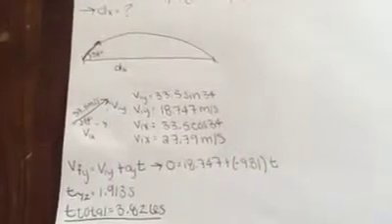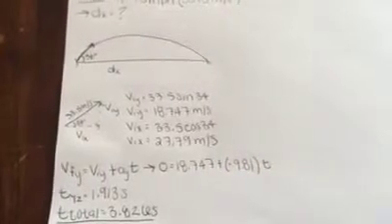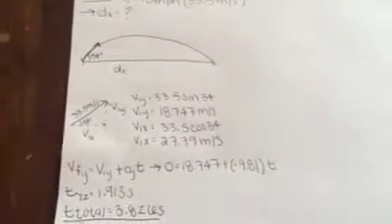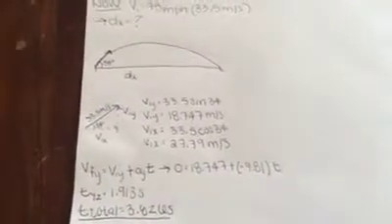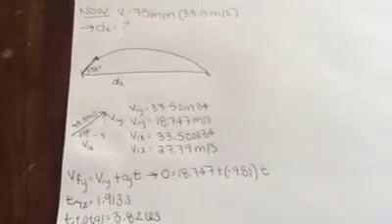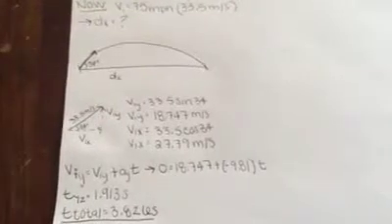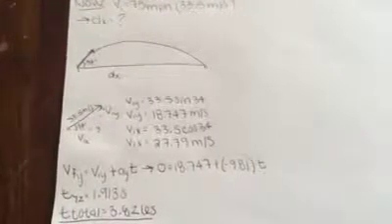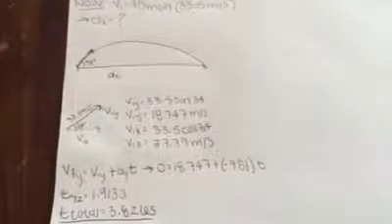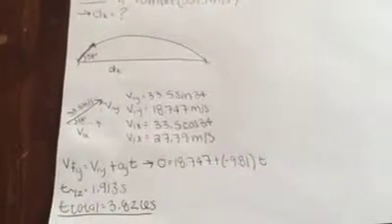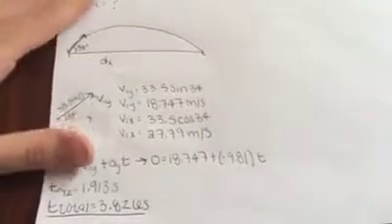Again, plugging in the initial velocity in the Y direction into this equation, and assuming that at maximum vertical displacement, the final velocity in the Y direction is 0, we end up finding that if we assume that the projectile motion is symmetric, total time spent in flight is 3.826 seconds.